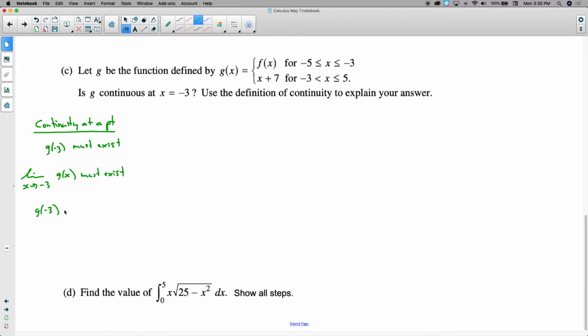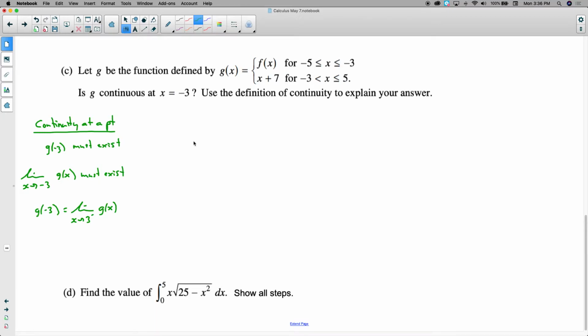So the value that you get when you put in -3 and the value that you get when you run the limit, those have to be the same. Okay, so that's what it takes for continuity at a point. I'm not going to say any more on that, but if you want me to talk more about that, you can pop into a meet or send me an email.